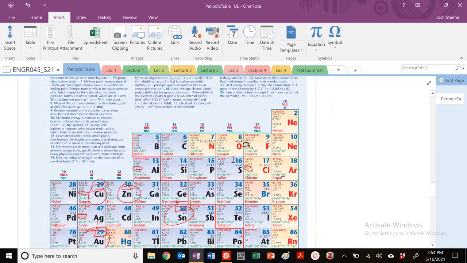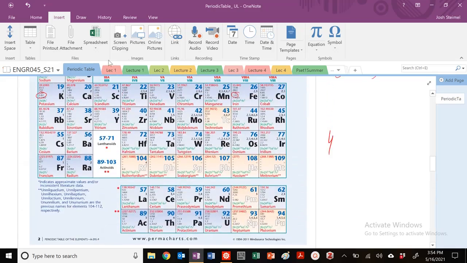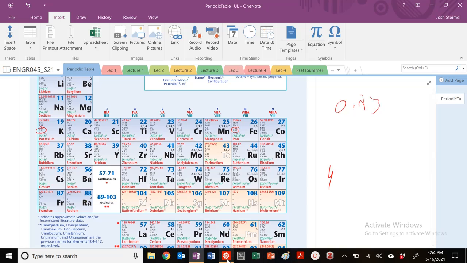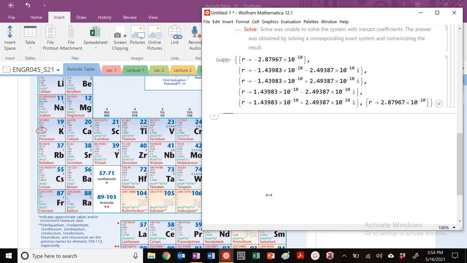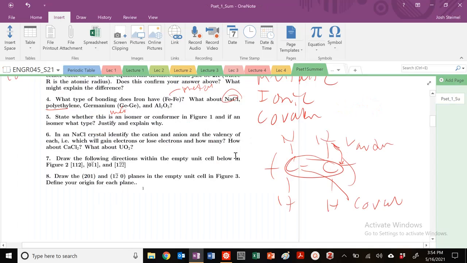And what's our chlorine? I believe it's 3.16. Yeah, 3.16. So 3.16 minus 0.93. What does that give us? Yep, that is an ionic interaction. So if our electronegativity difference is greater than 1.7, ionic.